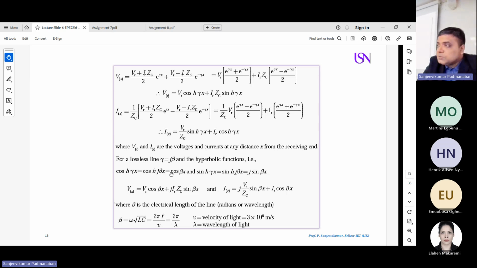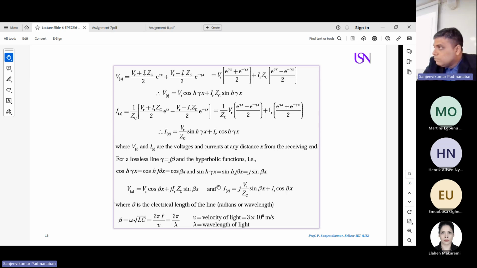We make this as an assumption to make the equation much simpler. Similarly, sinh rho x equals sinh j beta x, which equals j sin beta x. So we are making an approximation, and substituting all these values in the current and voltage, we can find a reduced equation in terms of cos beta x and sin beta x for your voltage and current.